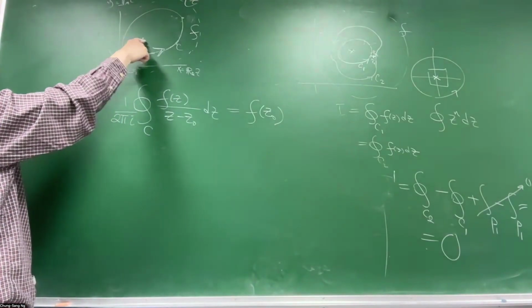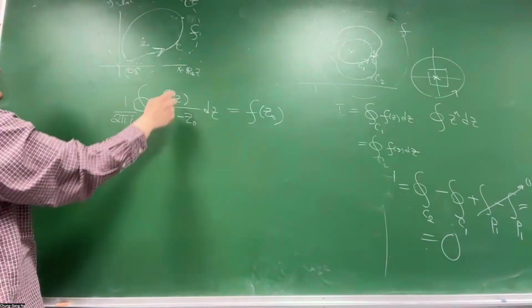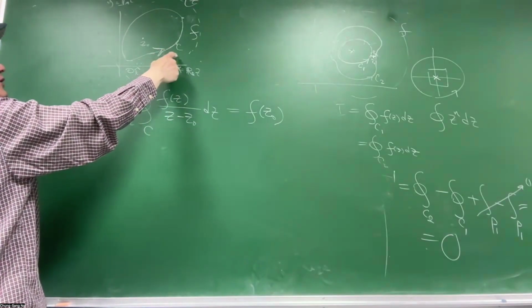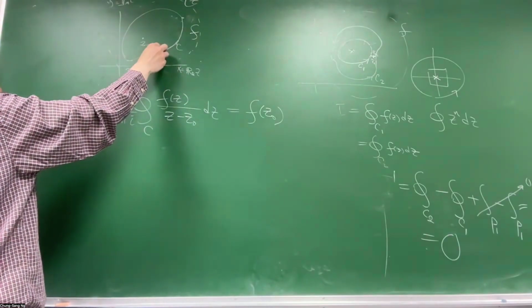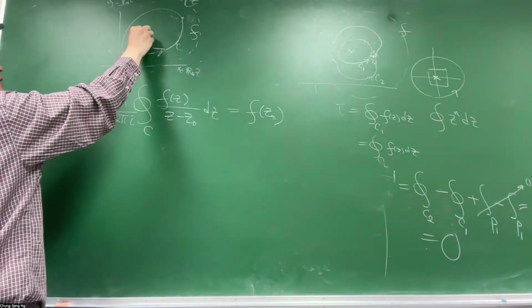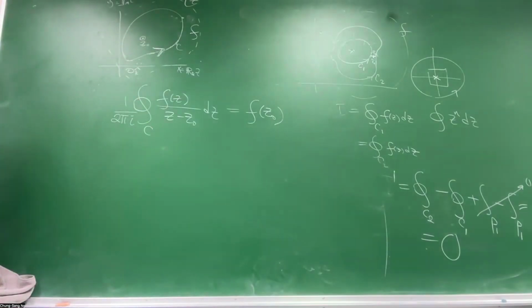So as long as we deform this curve, not going through the singularity, we are fine. So we keep deforming until we get to a very small circle around c sub 0.